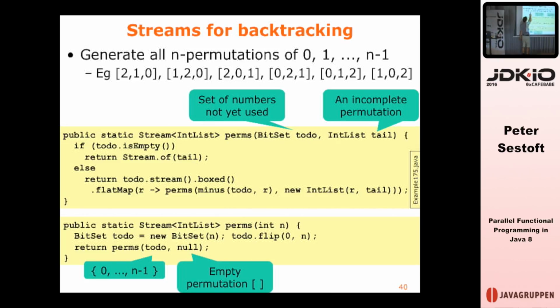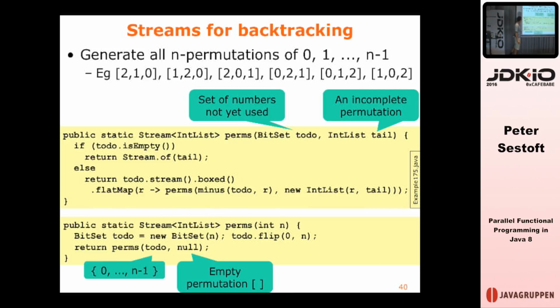So there's 2, 1, 0, and 1, 2, 0, and 2, 0, 1, and 0, 2, 1, and 0, 1, 2, and 1, 0, 2. These are the 6 permutations of 3. And we can do that with streams where we basically exploit all sorts of wonderful things like laziness and recursion.